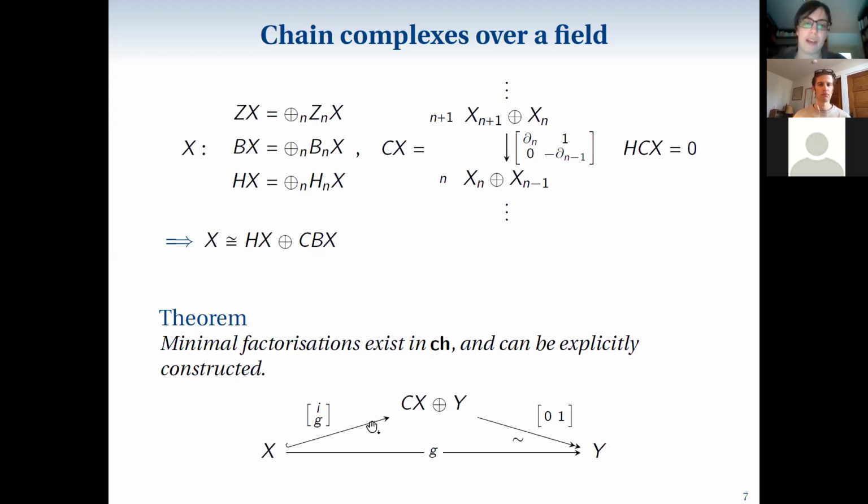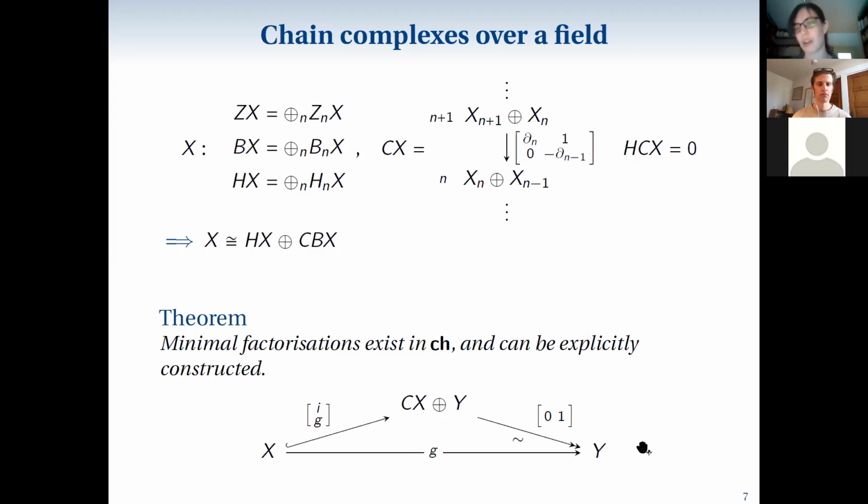And then I'm mapping with G over, so the map that I want to factorize over this other direct summand. And then I'm mapping here with what is an epimorphism, because Y goes over Y. And since the homology of the cone is zero, this map is also a weak equivalence.